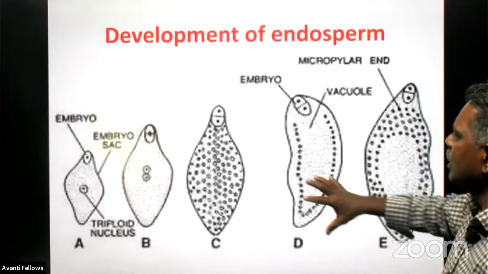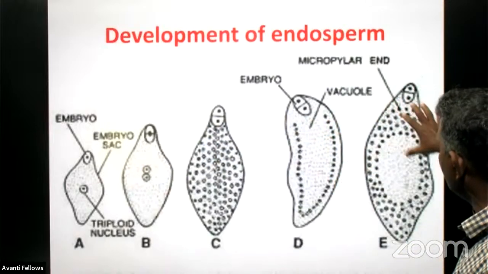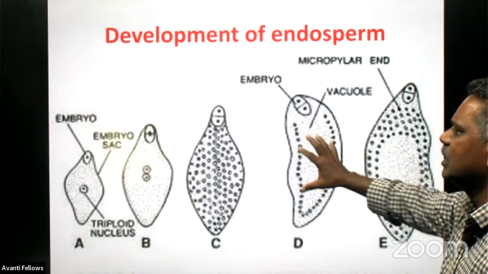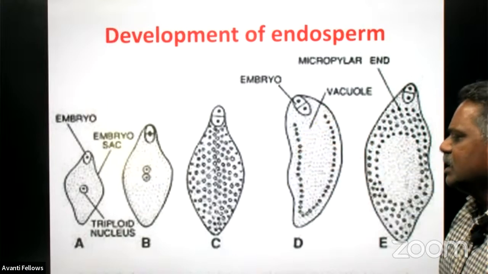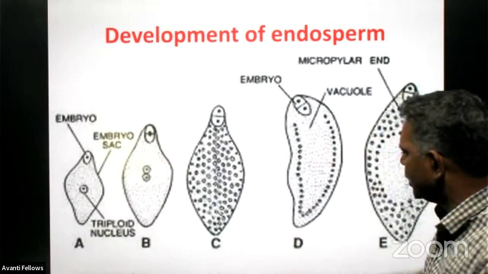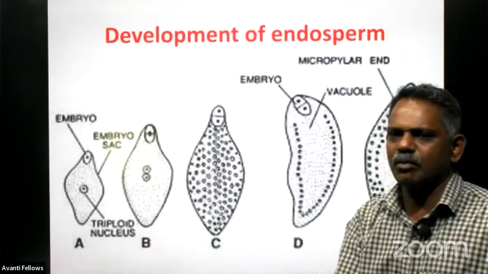It produces a mass of cells inside, and that is the endosperm. It fully fills the space of the embryo sac, and these cells store the food material. And during this development, the embryo will be there, I mean the zygote will be there at the micropyle.